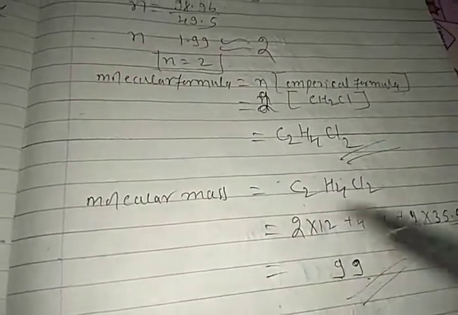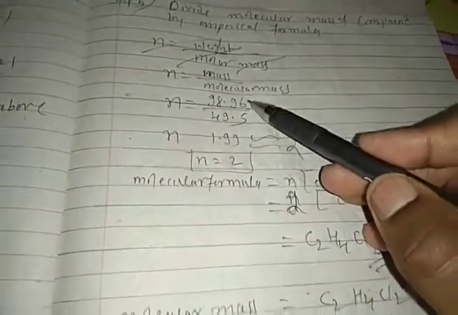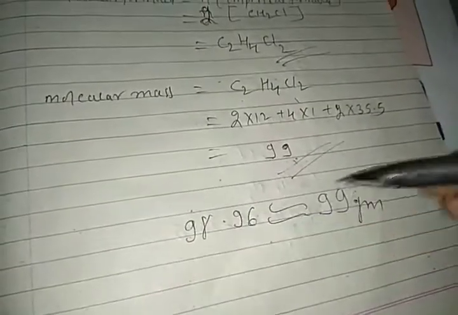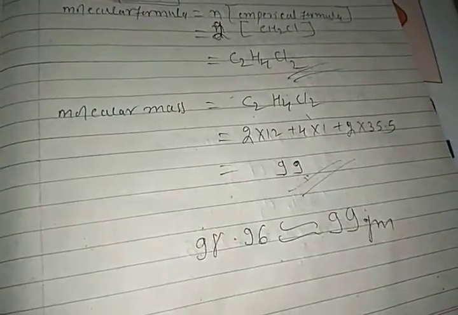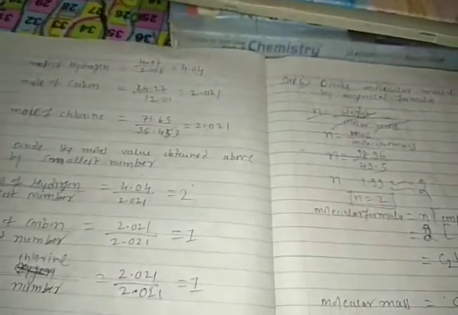When we got the molecular mass of this compound as 99, in our question they gave 98.96, so 98.96 is approximately equal to 99. Right, students? Understood? So this is one method, students, to calculate the empirical formula and molecular formula.